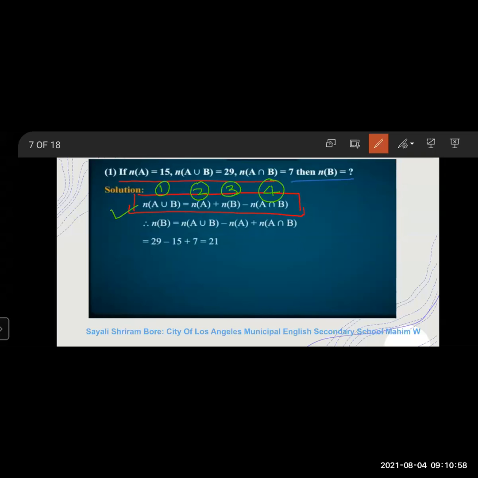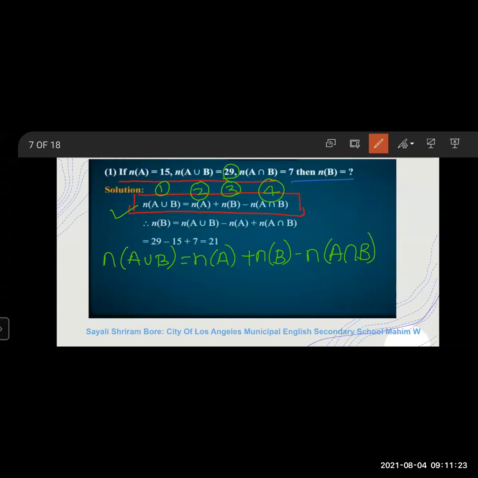Here you can see in this formula union is given, how much? 29. I will show you here. n of A union B is equal to n of A plus n of B minus intersection. This is my formula.